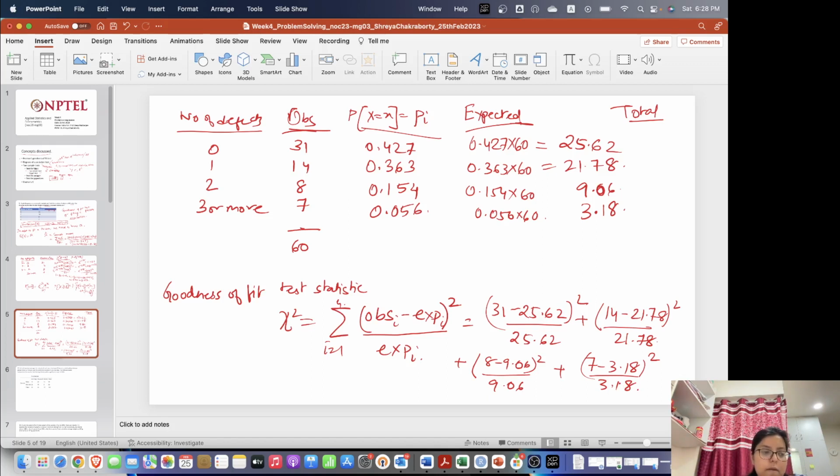How much are we getting this? So this entire thing, the value should be somewhere around 8.089. Did anyone get this?